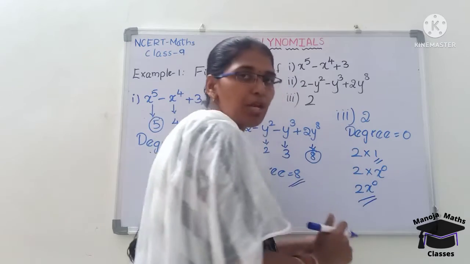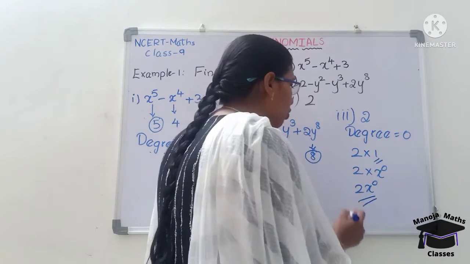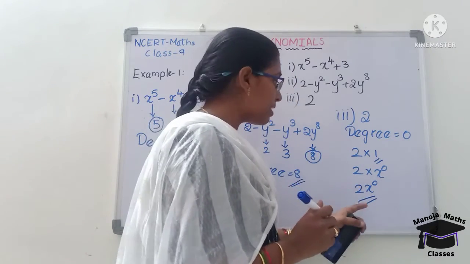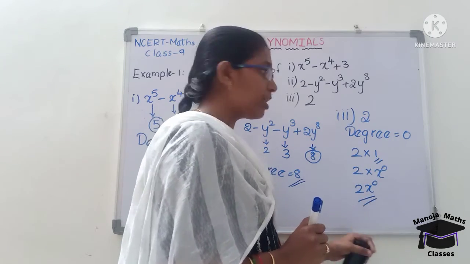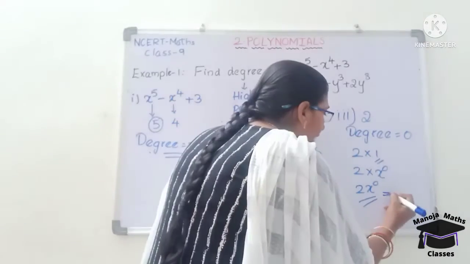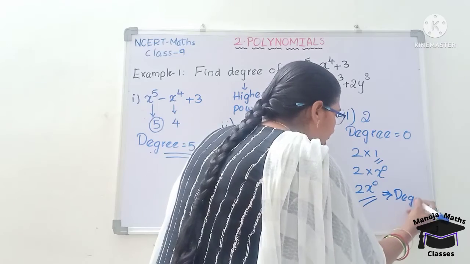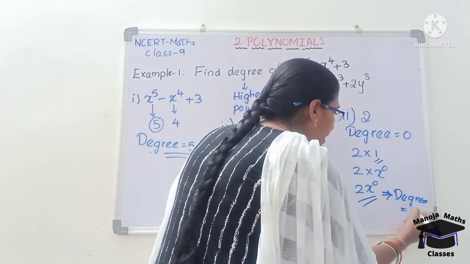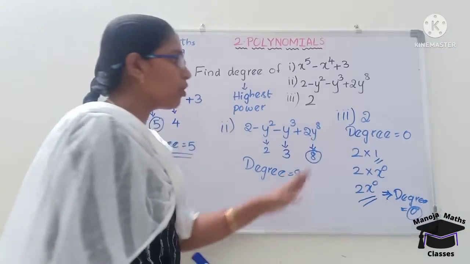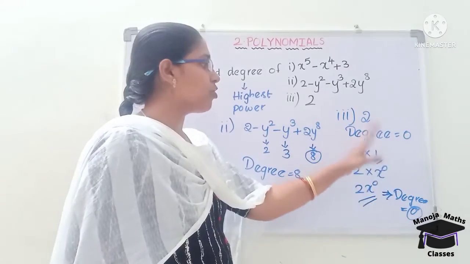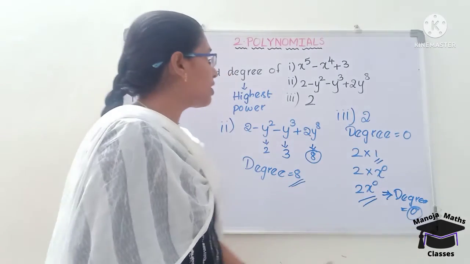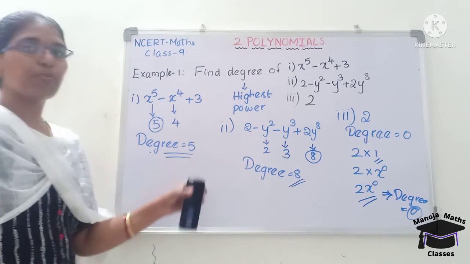Now you have the variable x. What is the exponent? 0. Only one variable x is there and you have only one exponent, 0. Then you can tell that the degree is 0. So for all constant polynomials, for all constants, the degree will be 0. This is a simple problem, children.